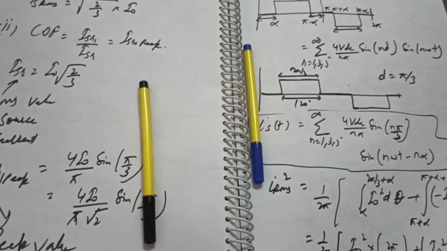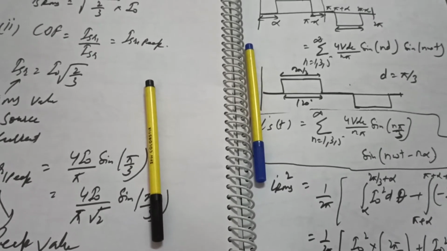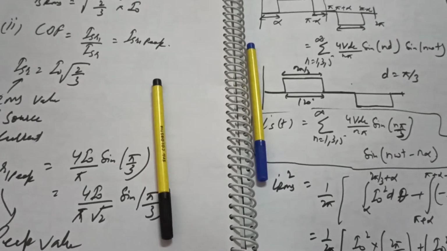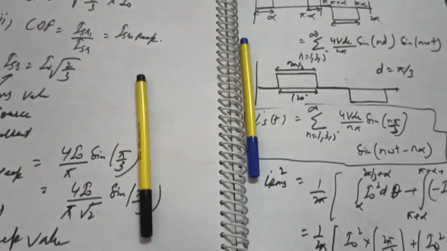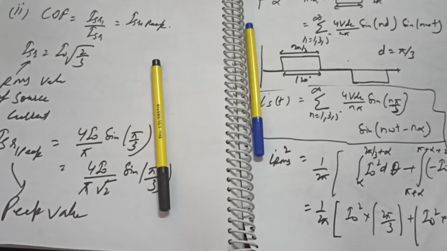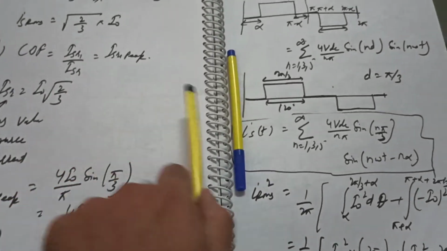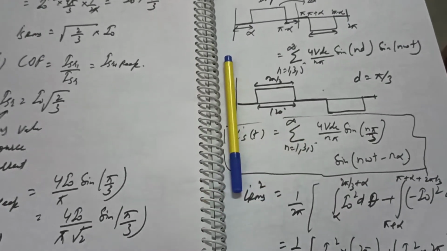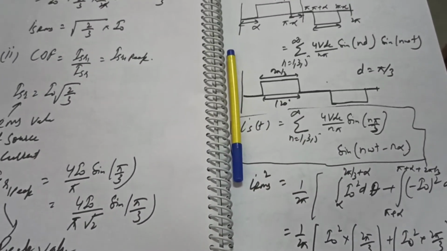So when you put n equals 1, it becomes pi by 2 minus d by 2, and we simply add d by n to it. Now the waveform seems like this. The current becomes 4Vdc by n pi sin n pi by 3, because generally the conduction angle is 120 degrees, that is 2d is 120, so d becomes pi by 3.